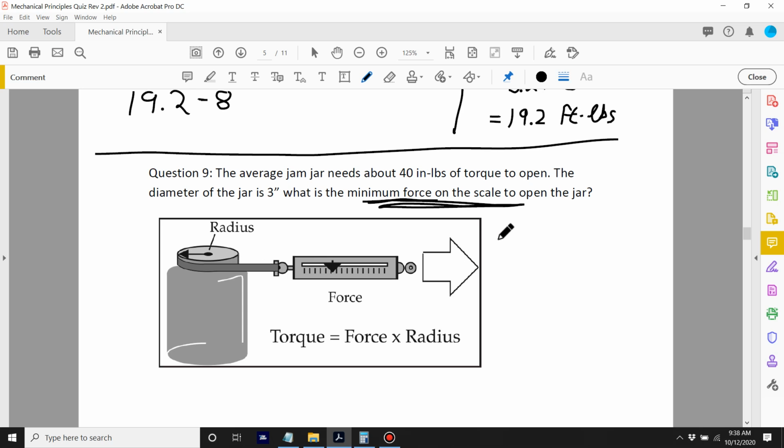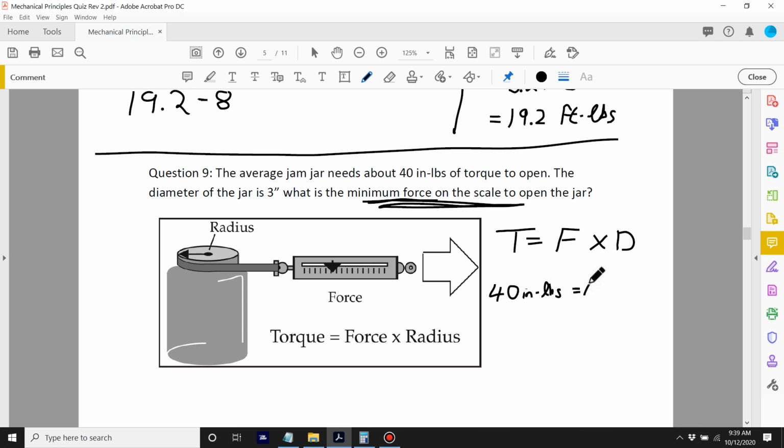So, torque is equal to force times distance. Now this is in inch-pounds. So I'm going to write this down, 40 inch-pounds is equal to force.